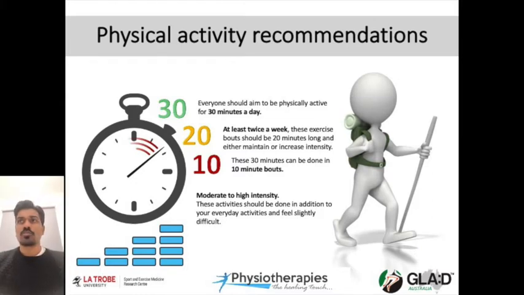That's one of the best ways of trying to exercise and stay healthy. So doing something is better than nothing. Always try and stay active, exercise as much as you can during the day, with an aim of building up to 30 minutes a day.